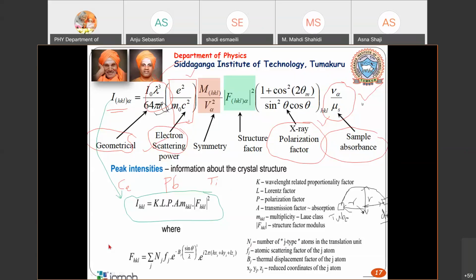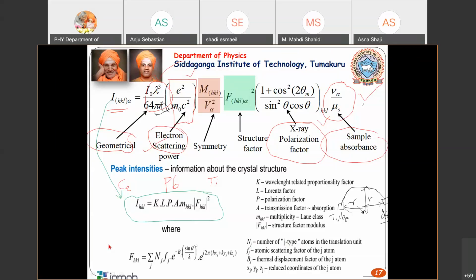For example, this is Na, then this is Cl, and then again you have Na, and the neighboring one would be Cl. So this XYZ would give the position of your Na or Cl. For example, if I want to say Na is at 111, then XYZ would become 111. So these are the coordinates of your atomic position.